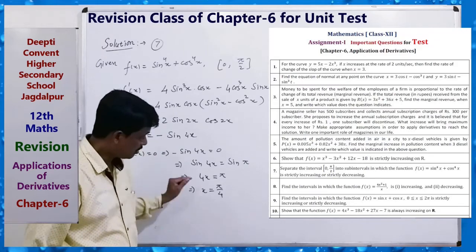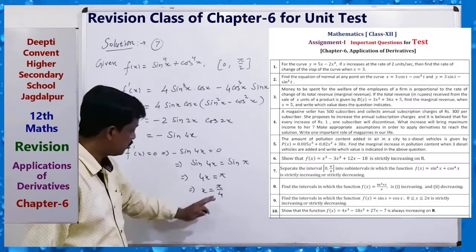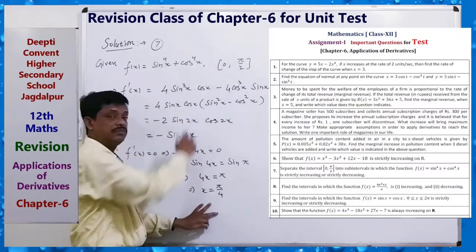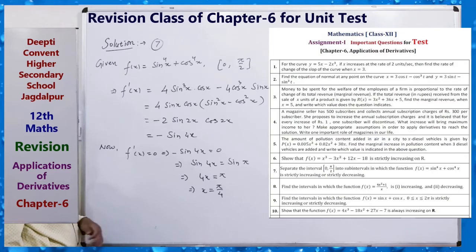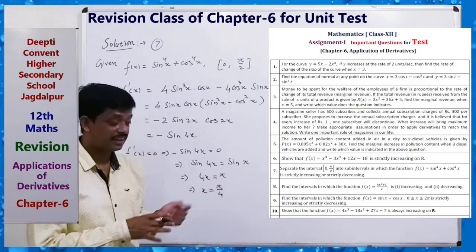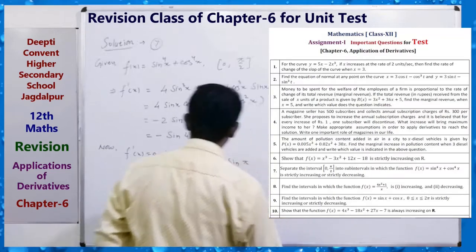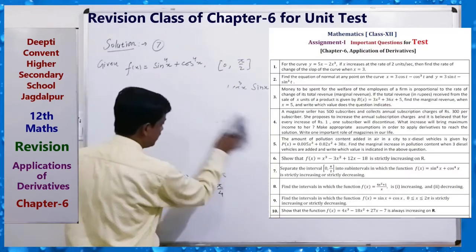So take x equals pi by 4. Now we can test in which part the function is increasing and in which part it is decreasing.